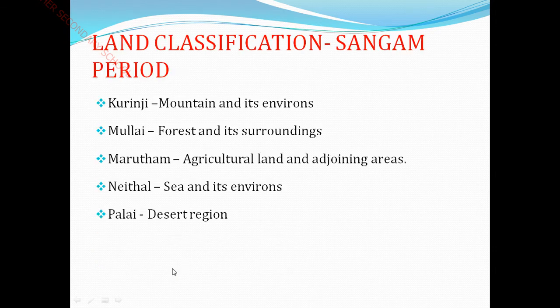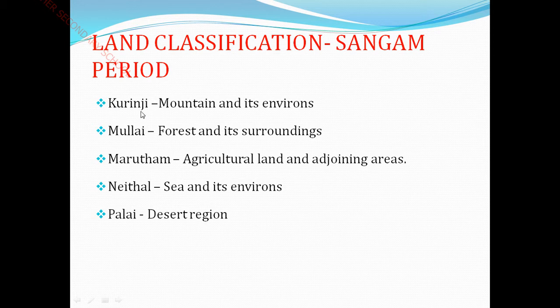Next we are moving to land classification, that means the Sangam period. During the early period, the land was classified by our Tamils. In the Sangam period it is known as 5 types: Kurunji, Mullai, Marudam, Neithal and Palai. What is the speciality of Kurunji?